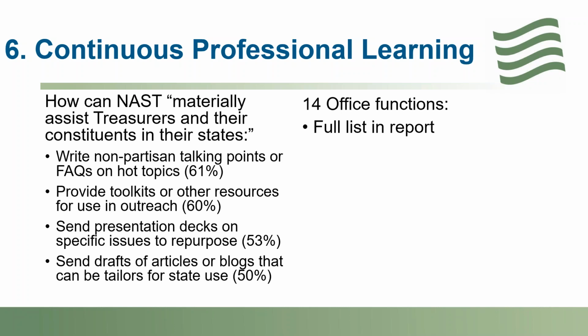You want presentation decks that you can then repurpose, maybe add your logo onto it and so forth, to use when you go out to talk with constituents. And you also said that you would be interested in getting drafts of articles or blogs that you can tailor to use in your states. Again, we have not done this, but it is all on our to-do list, and we will be coming to you over the next few years that this strategic plan dictates for us to ask you again how we can help you get this information.